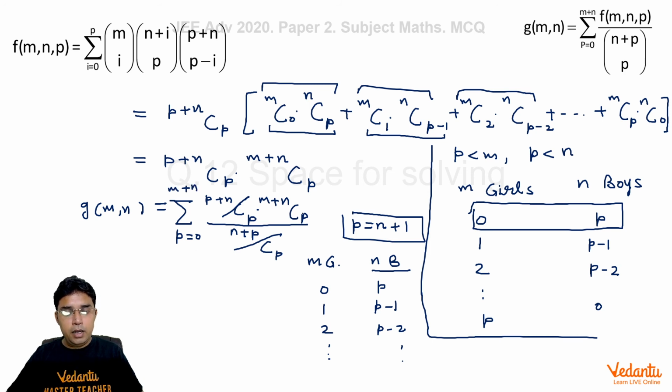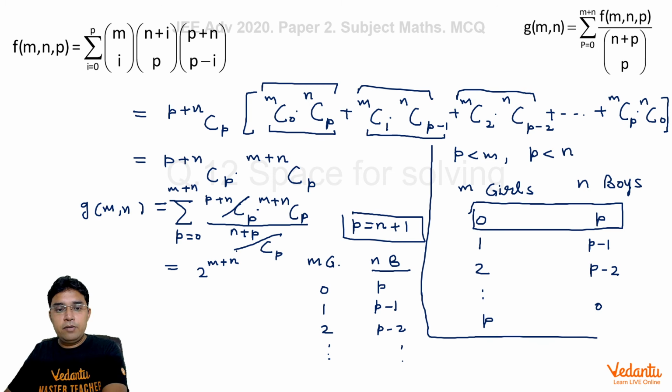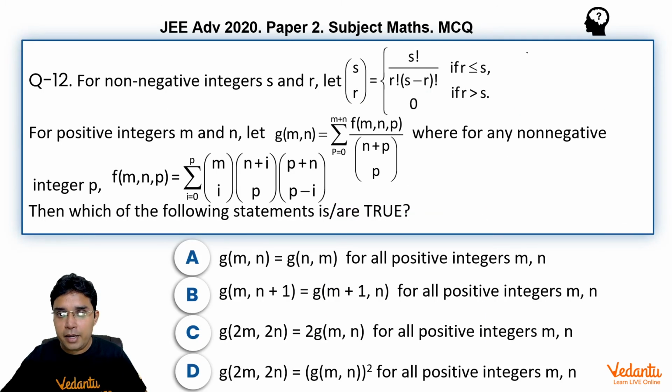So here from that property of binomial coefficients, that should be equal to 2 raised to the power m plus n. Okay, so we have got one very easy simple term for g of m comma n, that is 2 raised to the power m plus n. So let me write it here. G m comma n is equal to 2 raised to the power m plus n.